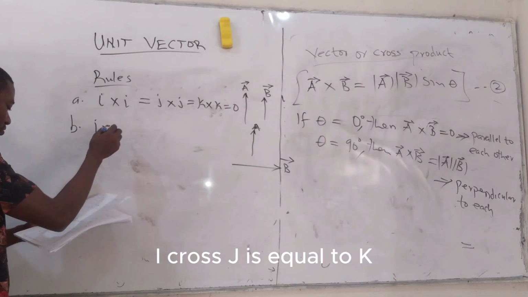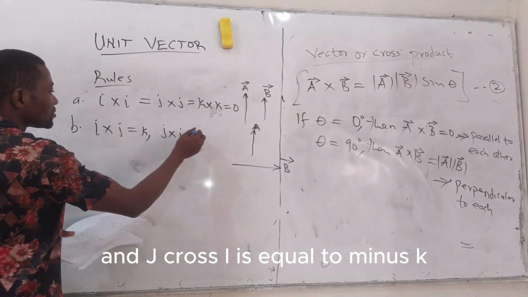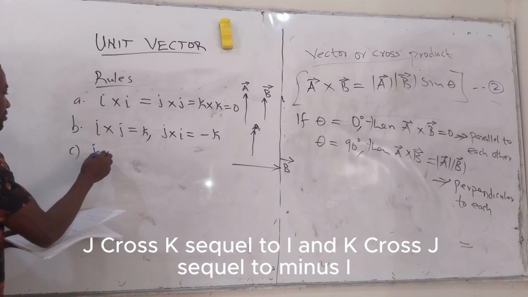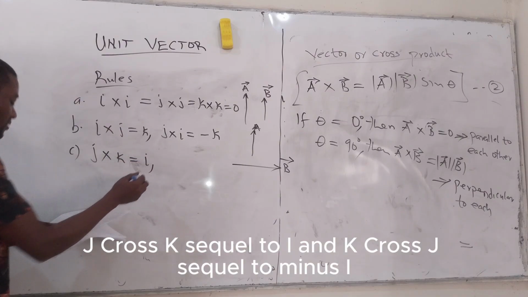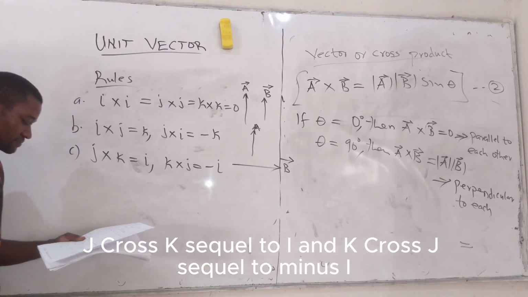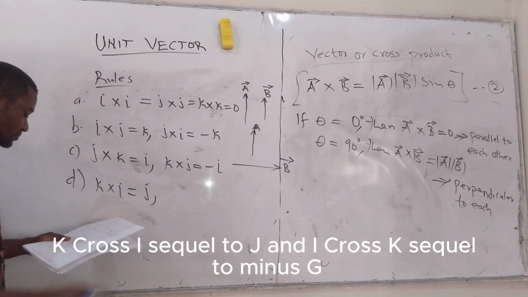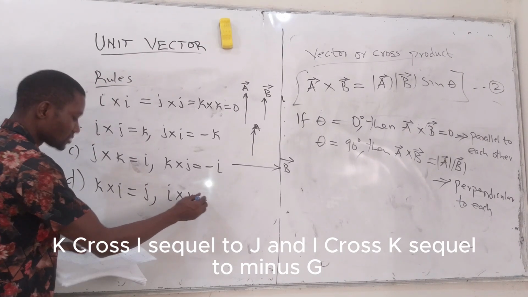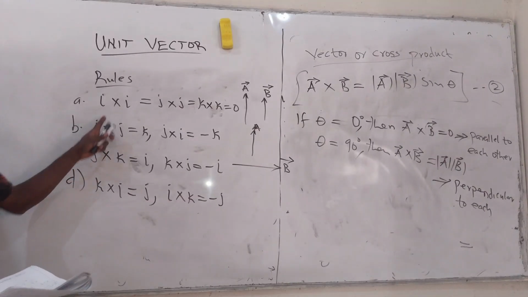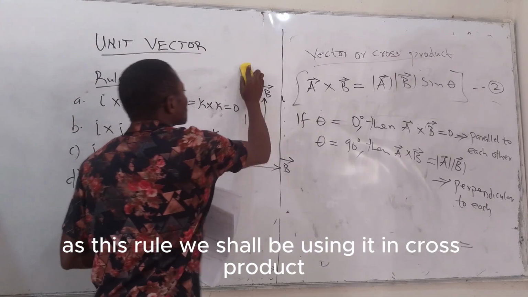The second one, I cross J is equal to K and J cross I is equal to minus K. The third one, J cross K is equal to I and K cross J is equal to minus I. The last one, K cross I is equal to J and I cross K is equal to minus J. So please, we must remember these rules, as we shall be using them in cross product.